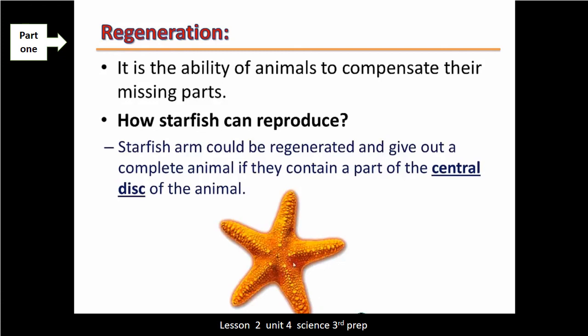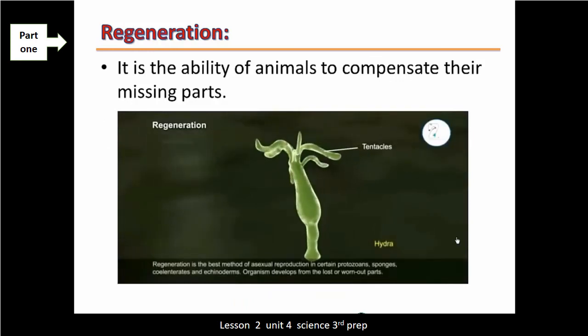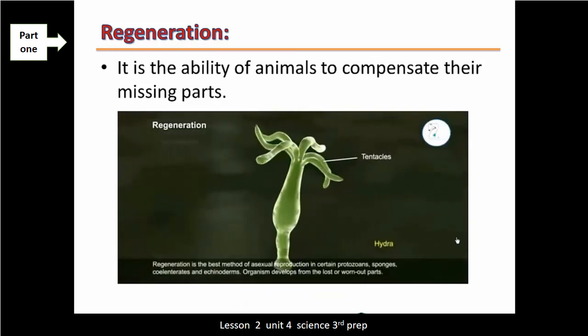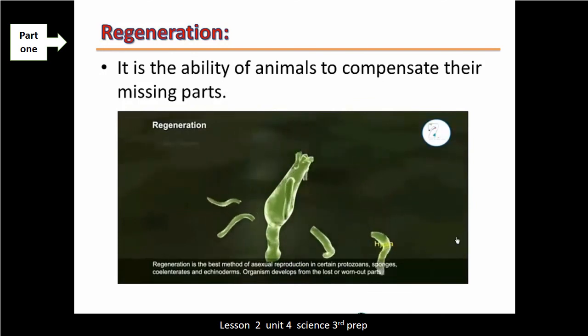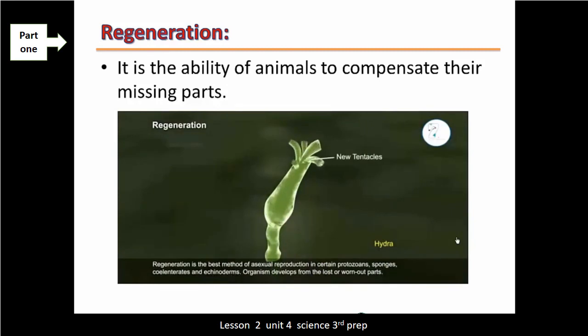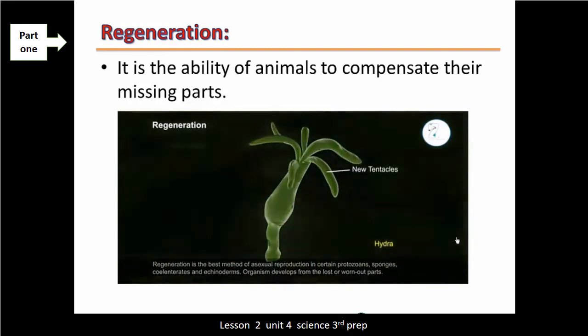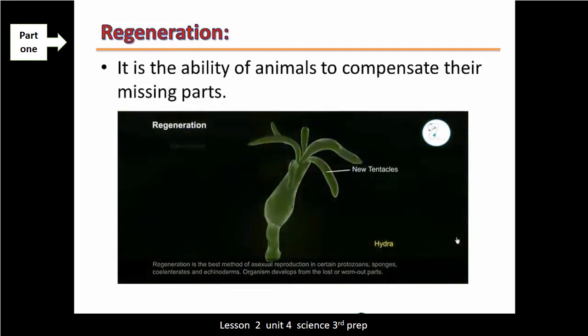This part is called the central disc of the animal. Hydra can do the same as starfish. If some parts are missing from the hydra living organism, they can grow again to form a complete part to compensate the missing part.